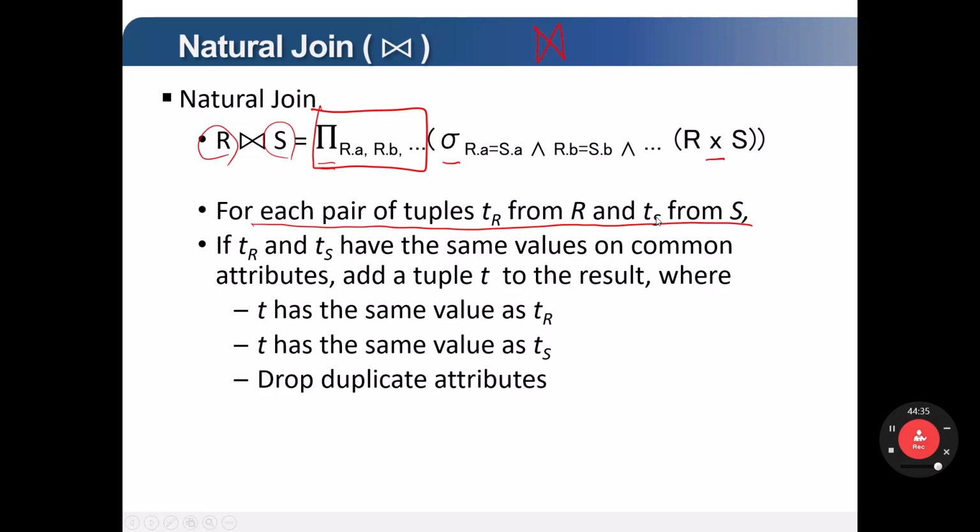What happens if, for example, some tuples have the same ID, but some tuples are the same in name? Then what happens if they're natural joined?